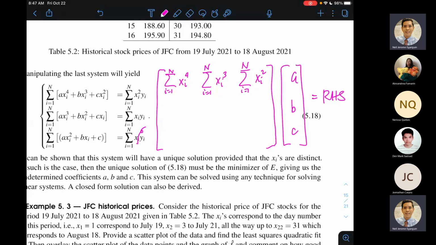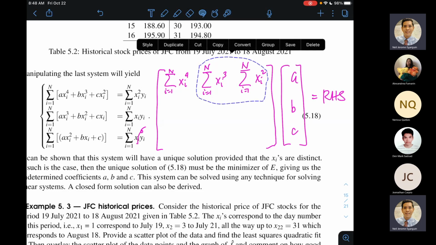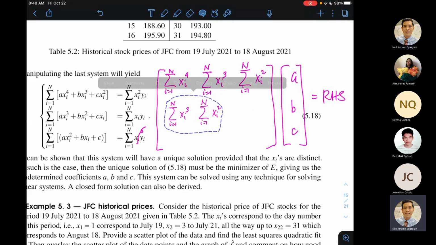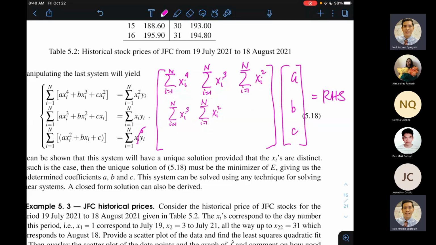And then the second row, kung mapapansin nyo, ito ay kamukha nito, na iba lamang yung coefficient. So essentially, the second and the third column of the first row will be repeated in the second row. And then yung pang tatlong column sa second row will just be summation of x sub i going from 1 to big N. And then yung sa third row naman, mauulit ito.